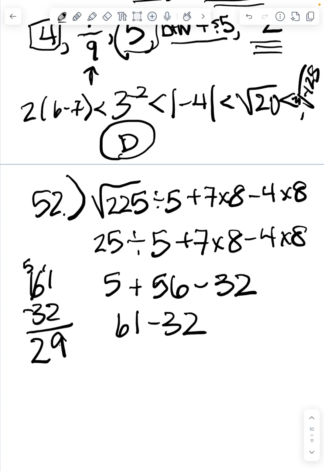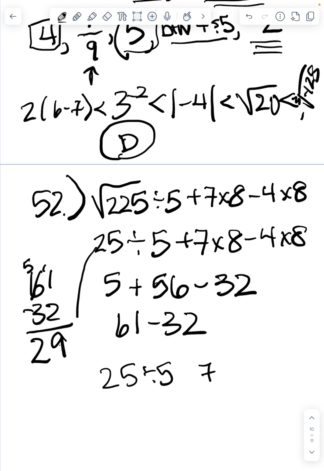So let me see what they would be pulling out. 56 minus 32. I wonder if they wanted us to, let me back up here to 25 divided by 5.